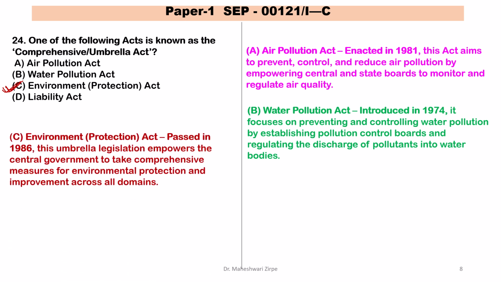Next is your C, which is the correct option. This act was passed in 1986. This umbrella act also it is known as, okay, to protect the environment. So our option C is the correct option.